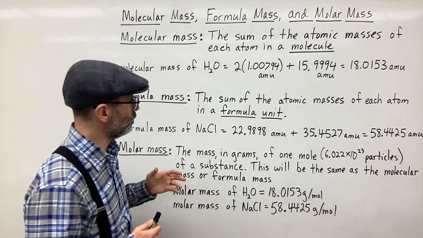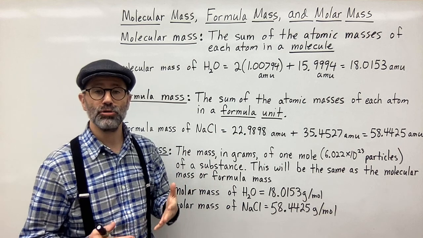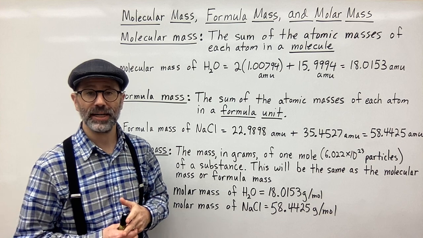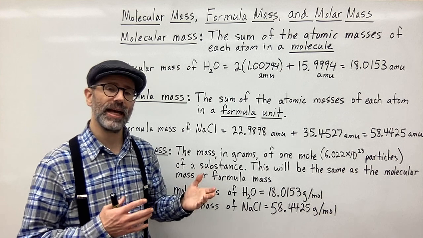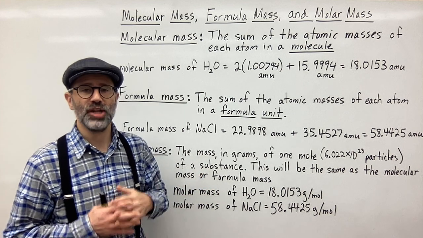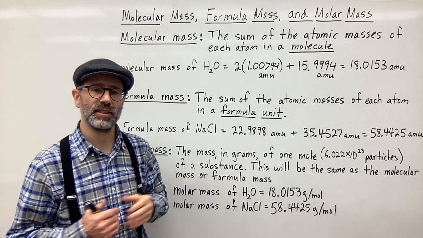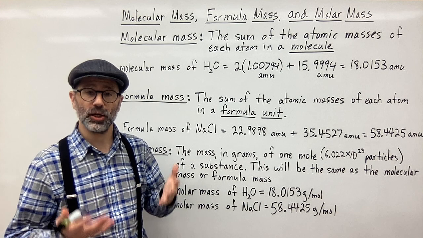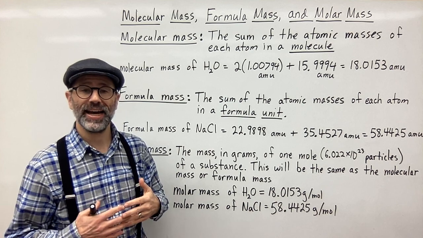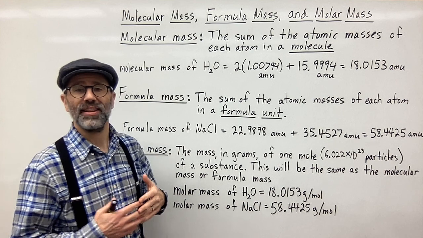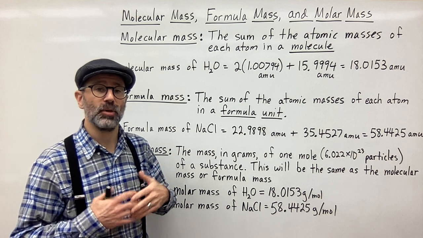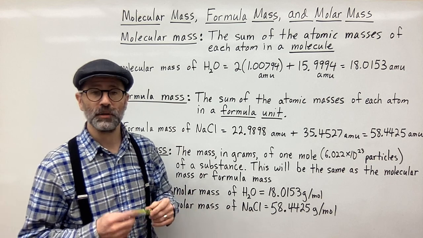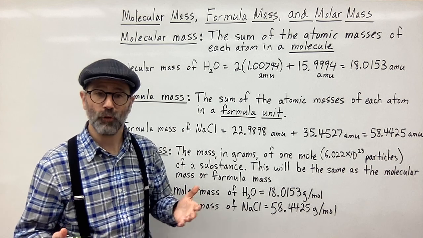That is normally used to refer to ionic substances. We want to use a more general term for ionic substances because they don't form molecules. We can't use the term molecular mass for something that doesn't have molecules, but it does have a formula.